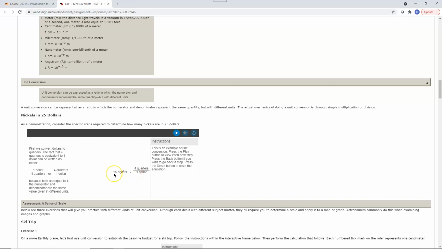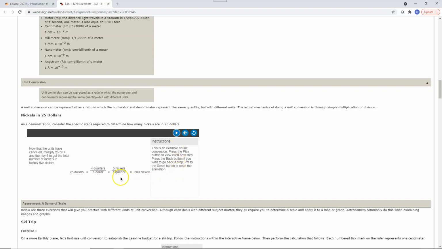So we have $25, and then we take that times 4 quarters, giving us 4 over 1. So we actually clear out the dollars right there. And now we take our quarters, 4 quarters, and there's 5 nickels. A quarter is 25 cents, and nickels are 5 cents, so there's 5 nickels in 1 quarter. So we take the quarter, and we break that down right there.